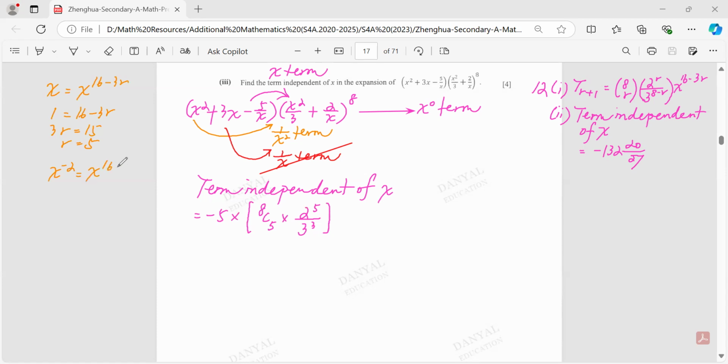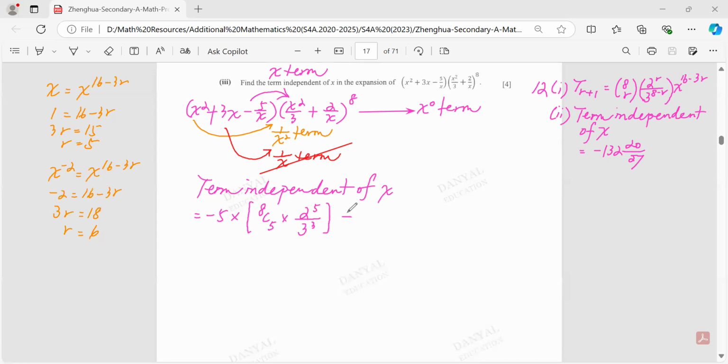So comparing with the general power of x, -2 equals 16 minus 3r. So 3r is equal to 18. So r is 6. So that term exists as well.